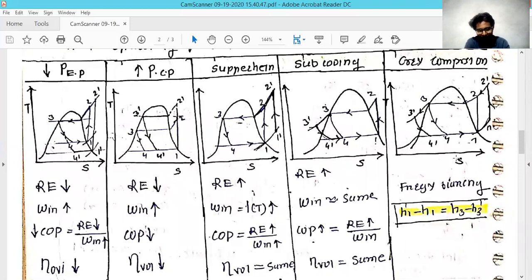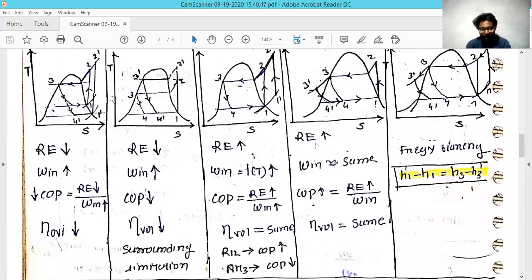So in this condition, the refrigeration effect is going to decrease and the work input to the compressor is going to increase, and because of that, the coefficient of performance is going to decrease.